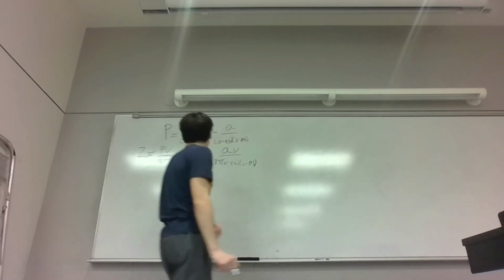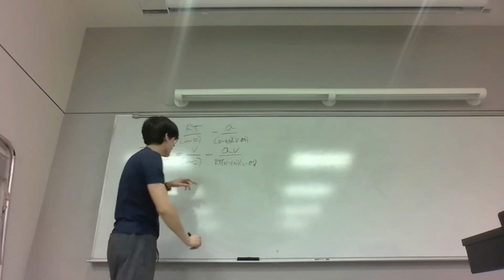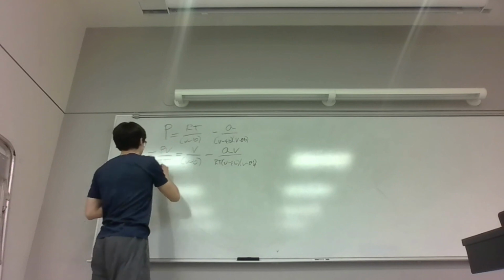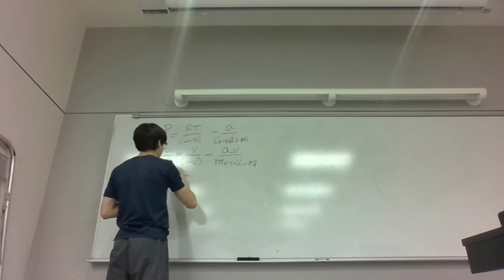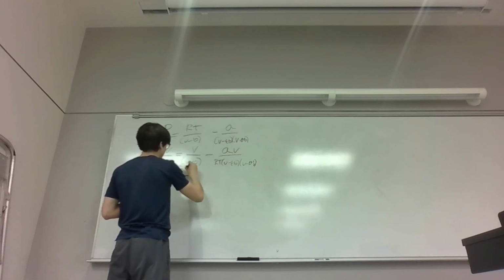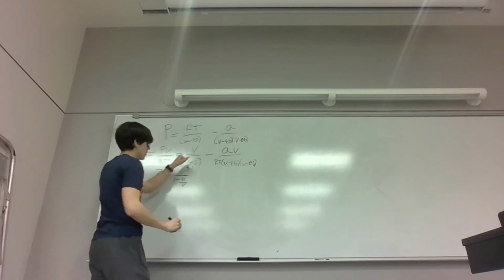The next thing we can do is factor out a V from this expression to simplify it a little bit. We factor V out here, so it'll be 1 minus b over V for this term.